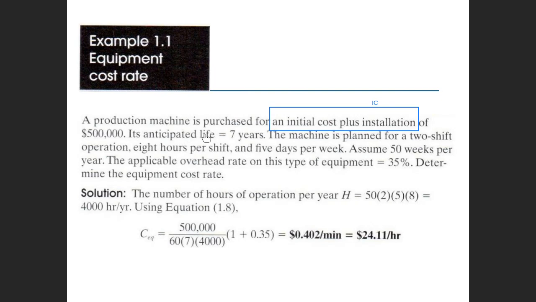This machine is anticipated to work for 7 years. Who said that? The machine manufacturer, the person who is selling the machine.